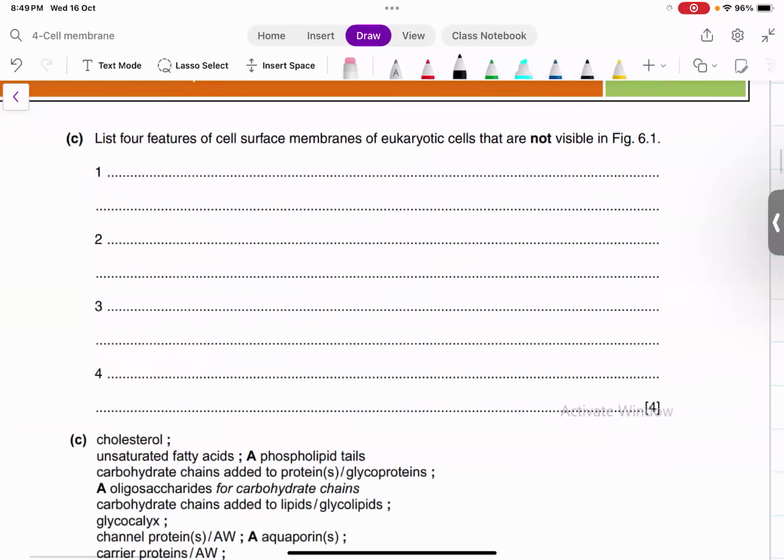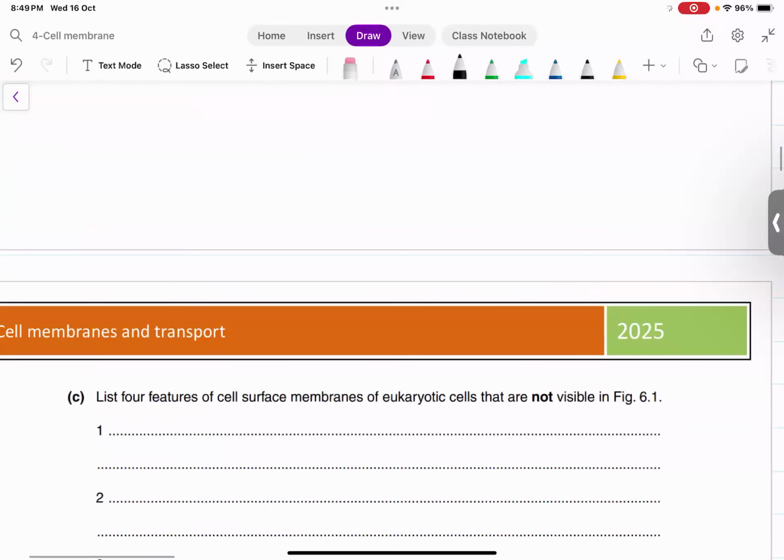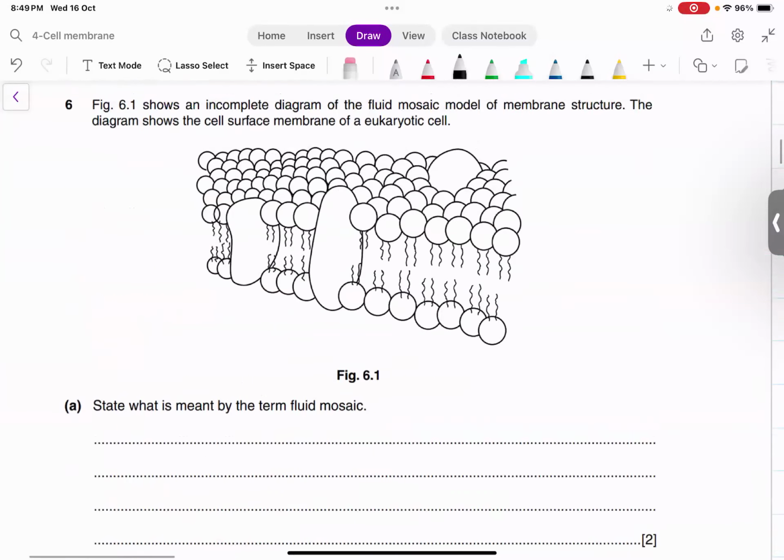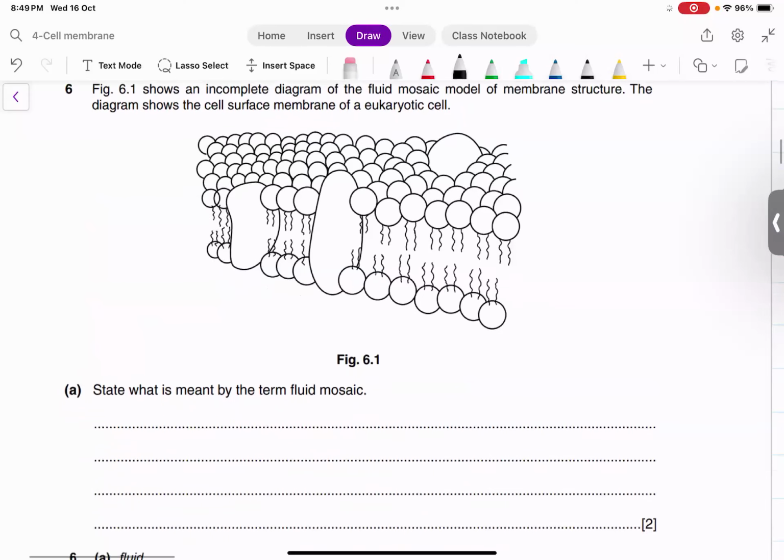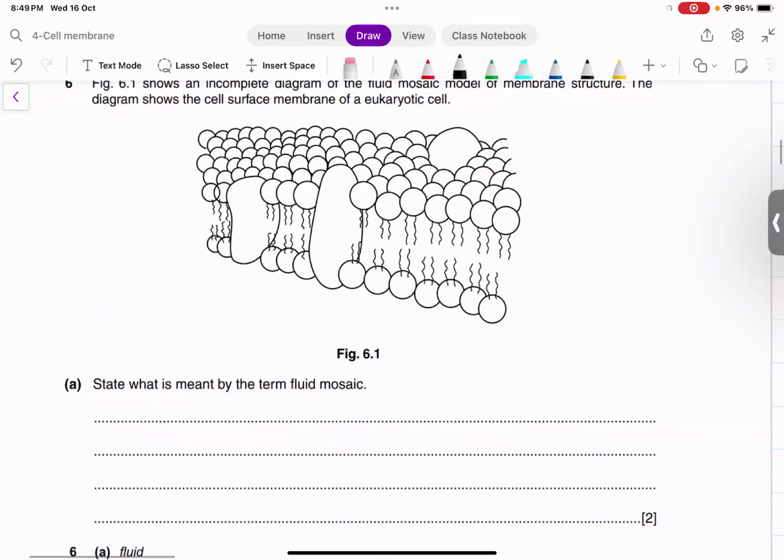We have then the question: list 4 features of the cell surface membrane of a eukaryotic cell that are not visible in figure 6.1. These are found in eukaryotic cells, but are not visible here. See, number 1, cholesterol is not visible there.